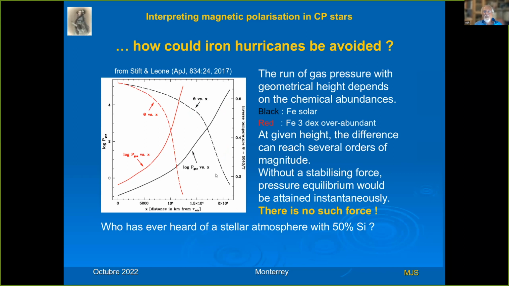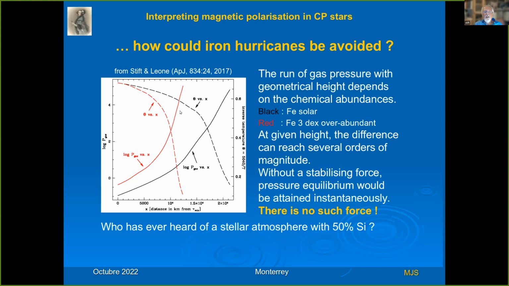If you really believe that iron is so abundant in one place and almost underabundant in other places, or the same for silicon, and you look at the run of gas pressure with geometrical height, then you see, if you have solar iron and iron 3 dex overabundant, then you have a huge difference at the same vertical position.